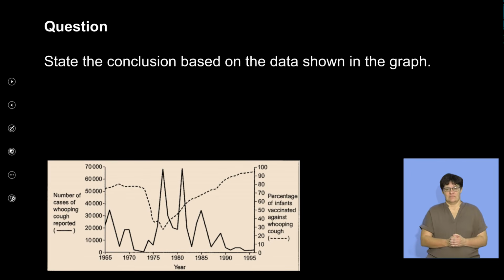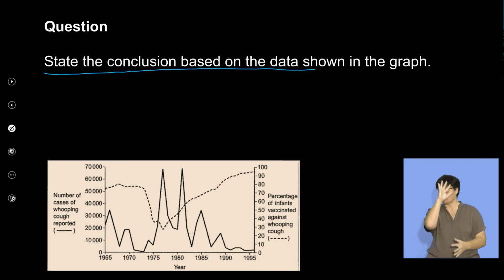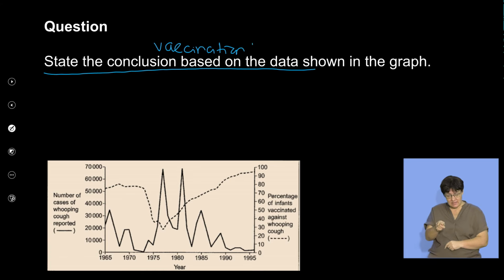Okay, guys, now the next question is you need to have a look at both of the graphs. It says, state the conclusion based on the data shown. Now, remember, what were we looking at? Is there a pattern between vaccination and children getting sick? Now, if we have a look at our graph, what do we notice?